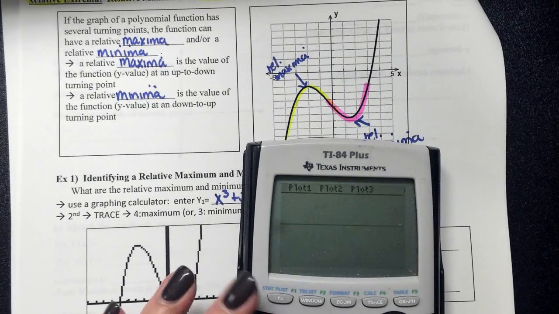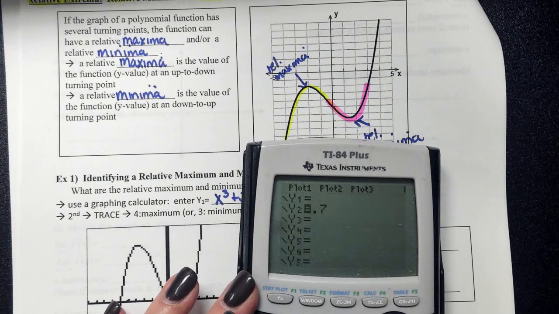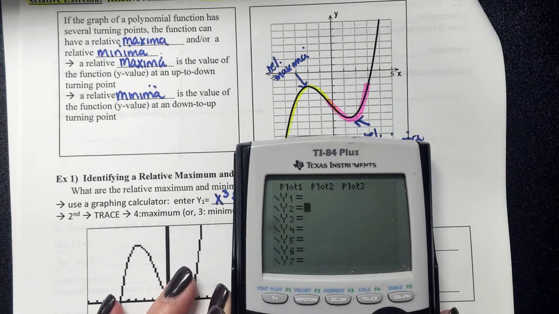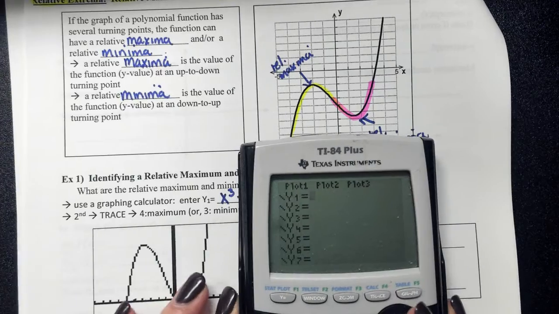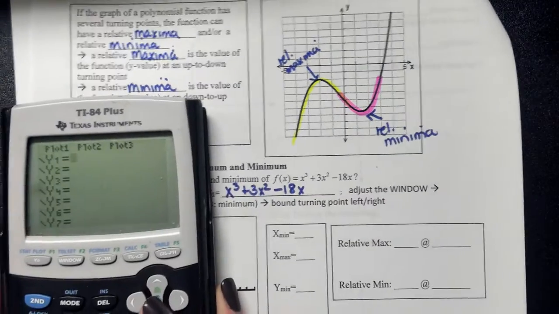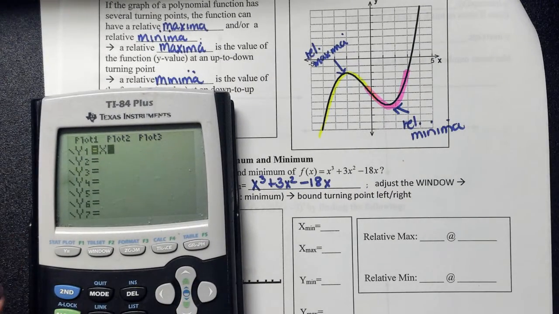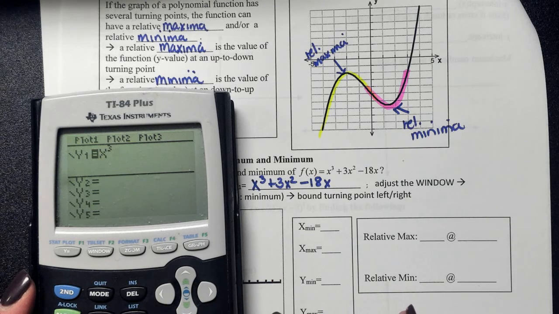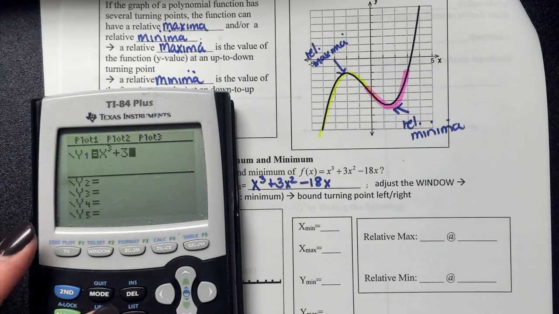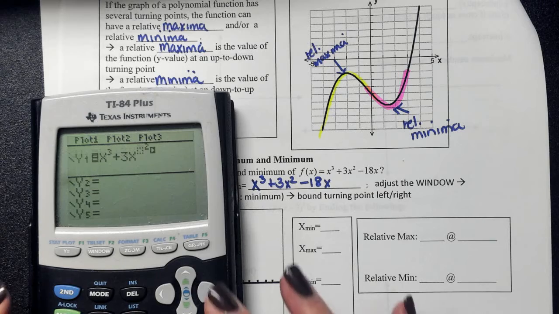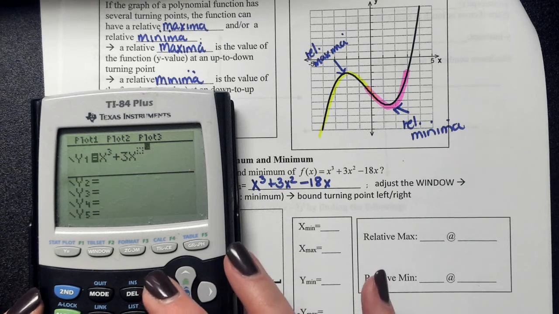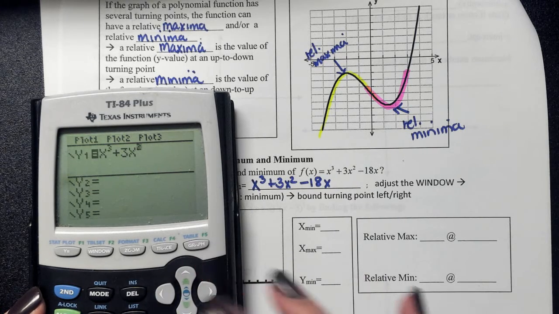So I'm going to clear out what I have in y1 and y2. Under y1, I'm going to type in the equation that's given: x to the third plus 3x squared, and then minus 18x.